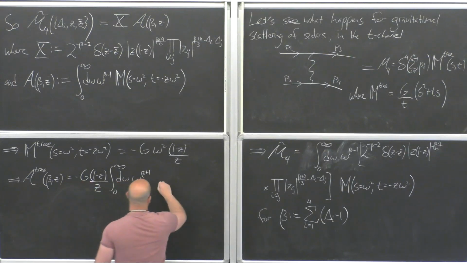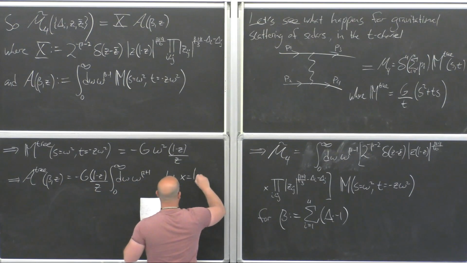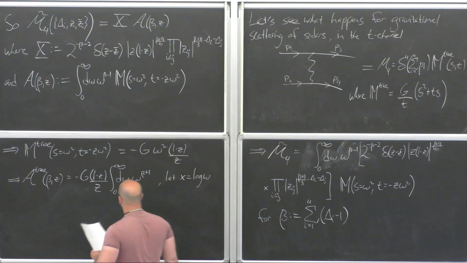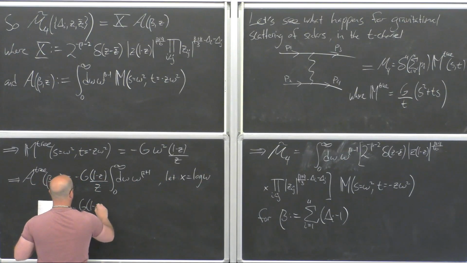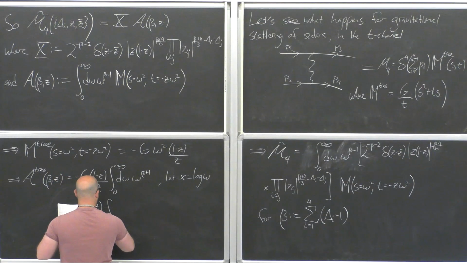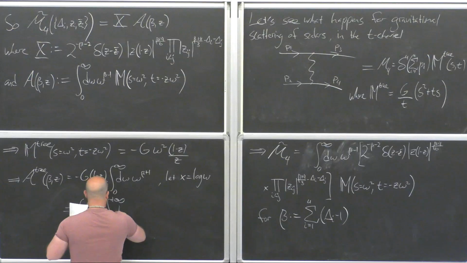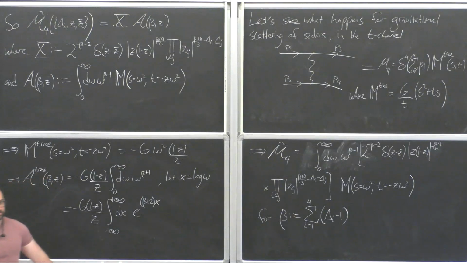And if I let x be log omega, I can rewrite this integral in a sort of more illuminating way, perhaps. Like this. This is not a convergent integral, right?